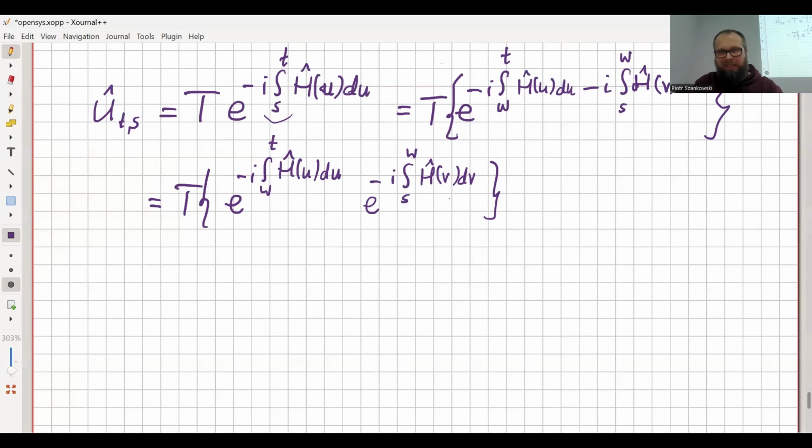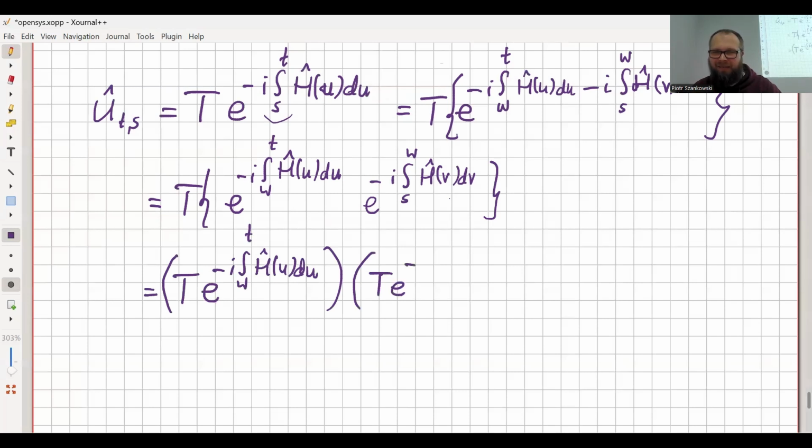So if this sounds like a convincing argument, then we can say, okay, if that is the case, so let me write it like this. If T will treat them independently, then I can just split it.